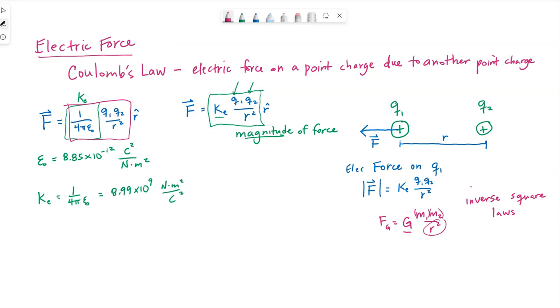What that means is if I have these same two charges up here, but I cut the distance in half, the force, I end up with a 1/2 r, but then squared in the denominator, which means I end up with a 4 times bigger force.